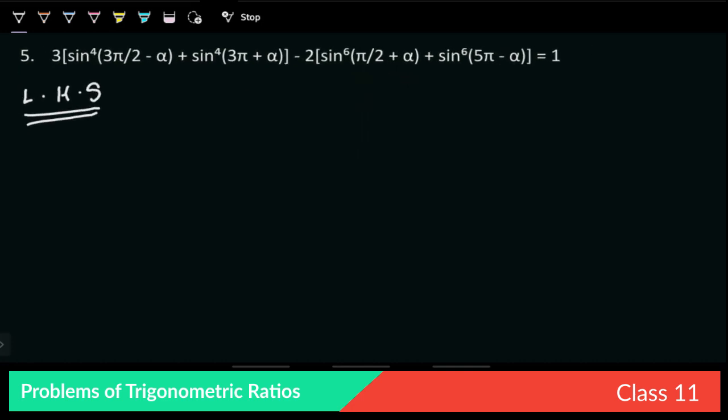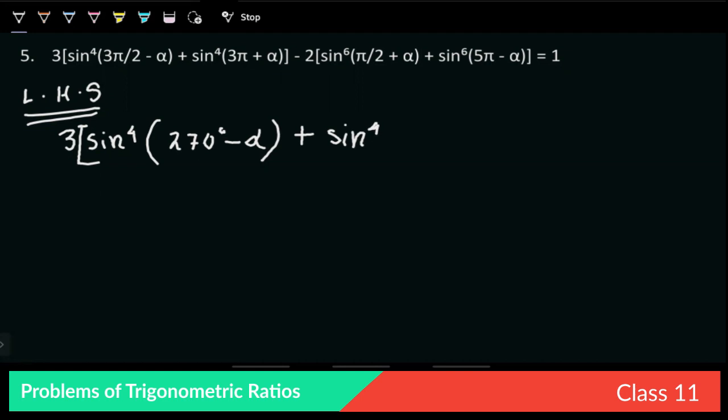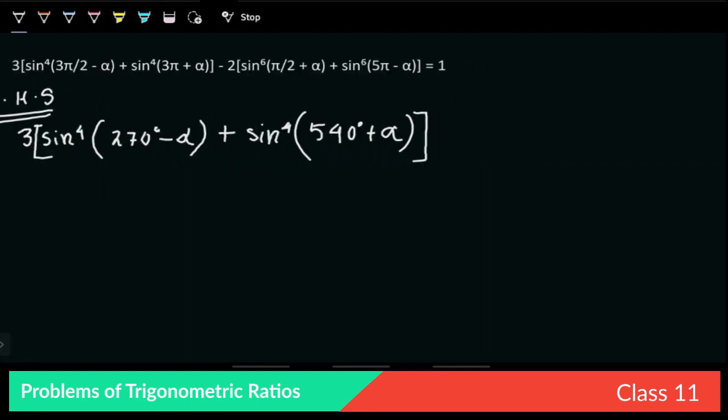So LHS, we can write in this way: sine to the power 4 of 3π/2, which means actually 270 degrees, minus alpha. 3π/2 means 3 into 90 degrees. Plus sine to the power 4 of (3π plus alpha). 3π means 3 into 180 degrees, so it is 540 degrees plus alpha.